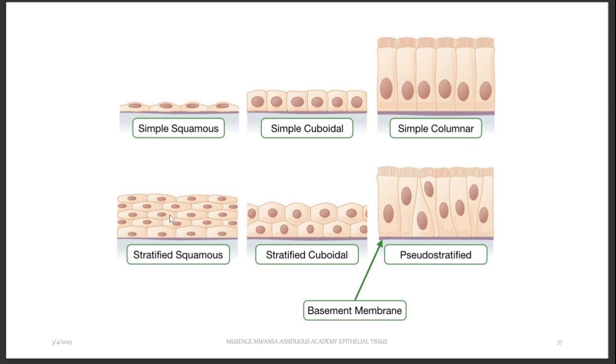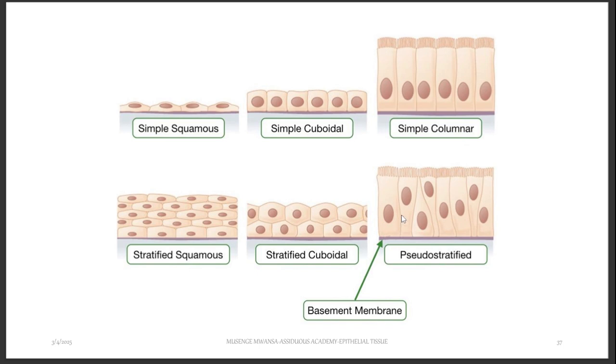But if you have more than one layer, we call that stratified epithelium. Because these cells are flat and they're on top of each other, stratified squamous. These ones are cuboidal, but they're on top of each other, that is stratified cuboidal. And then you have this one.